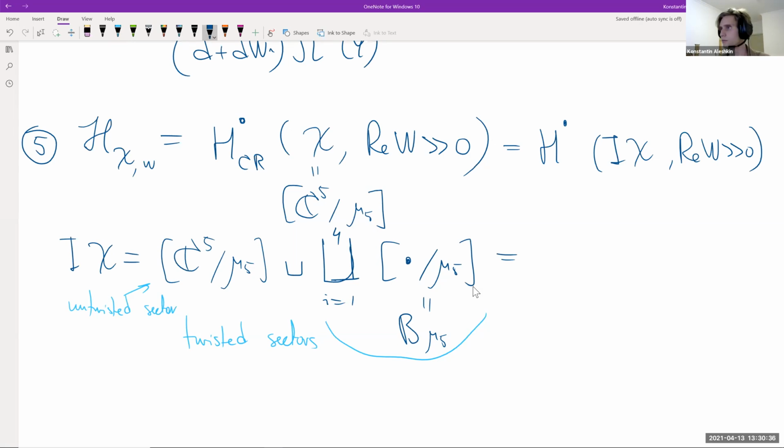So this is just the sum over k from 1 to 4 of C times the generator of the corresponding component, which I'll call 1 with index k over 5.